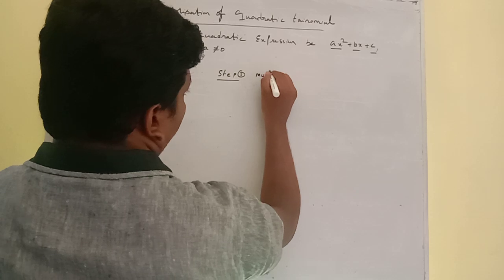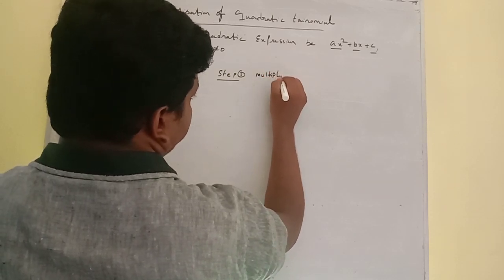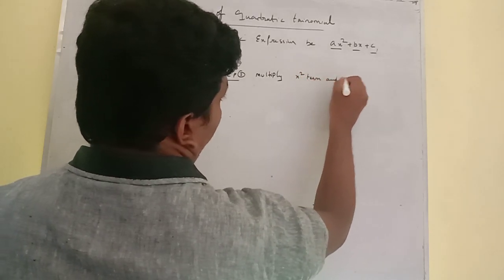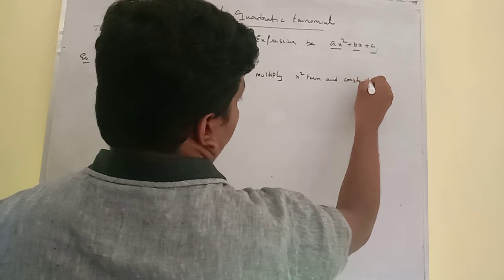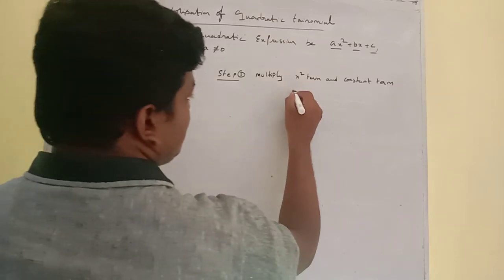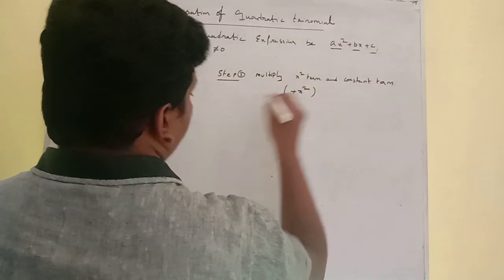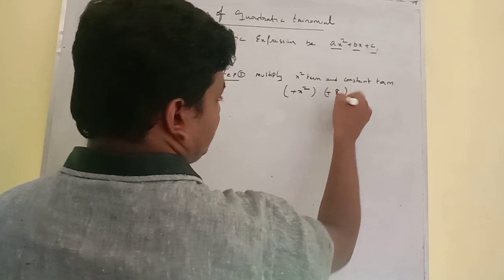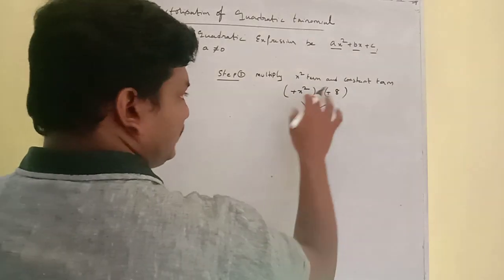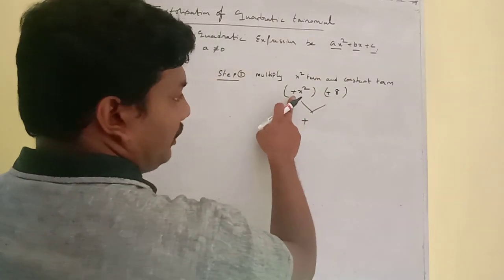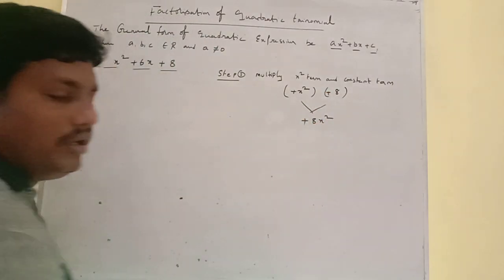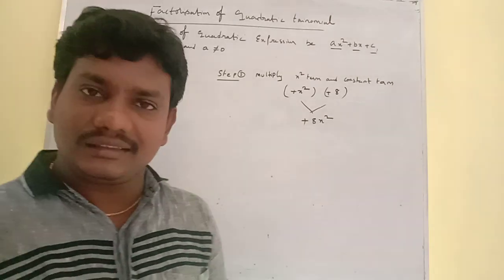That is plus x square and plus 8. Symbol multiplication: plus into plus is plus. Number multiplication: 1 into 8 is 8. The variable part gives x square. The product is 8x square.